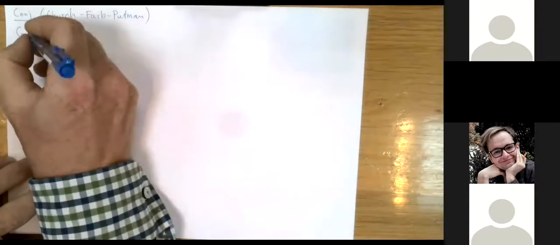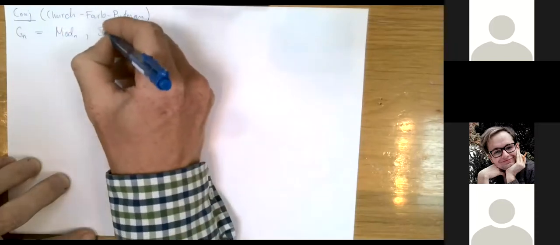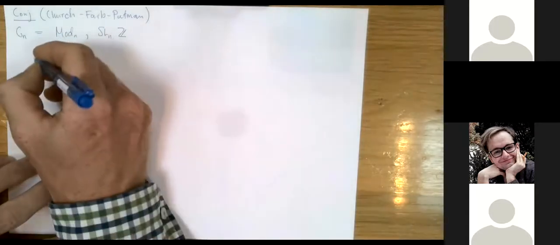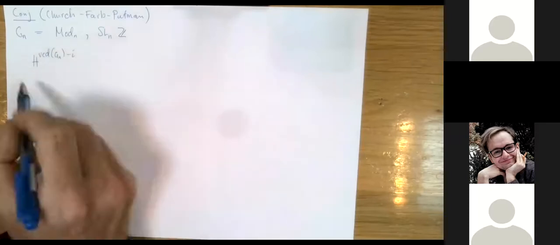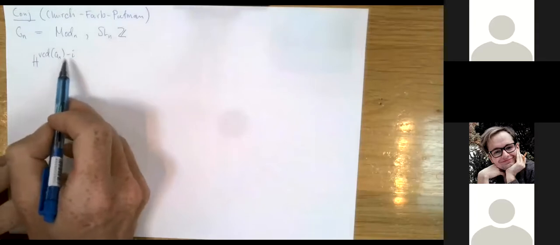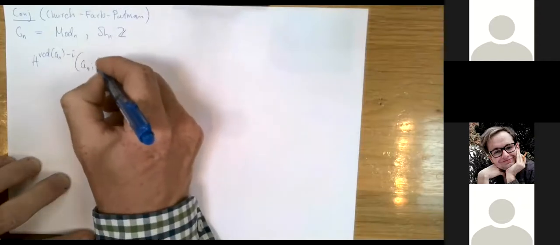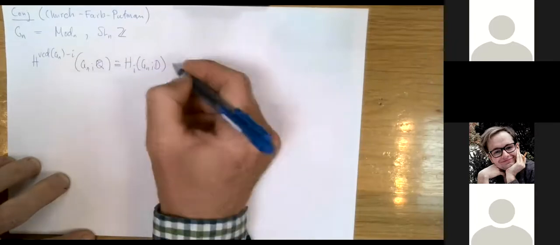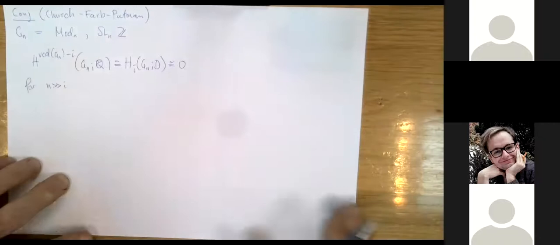This conjecture is in particular for the sequence of the mapping class groups and the special linear groups, and it says that the high dimensional cohomology is 0 when n is large in comparison to i, so low codimension in some sense, which by Borel-Serre duality is the same as this.